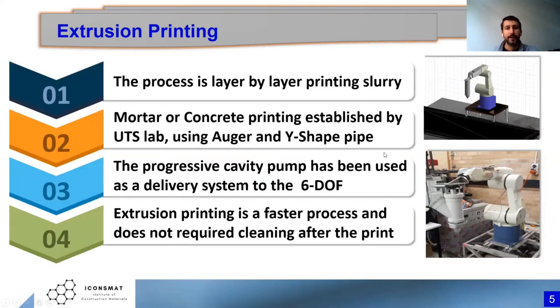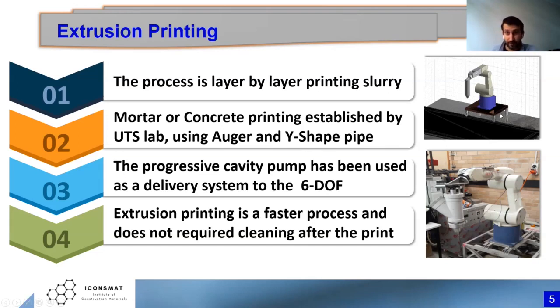Extrusion printing is also a layer-by-layer printing process, and we usually use a slurry, or we can say a liquid type. We developed this back in 2015 or 2016, using a Y-shaped pipe with an auger inside it, which pushes the material.